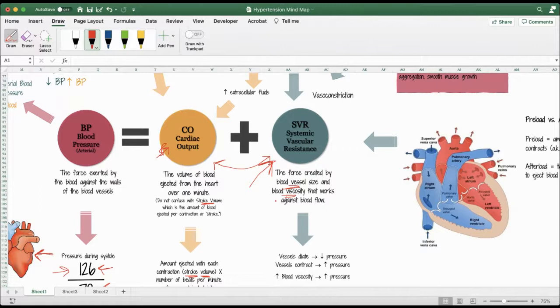Those are two huge things that affect SVR, systemic vascular resistance. It makes sense, right? These are the things that work against the flow of blood. The thicker the blood is, the less easily it flows.